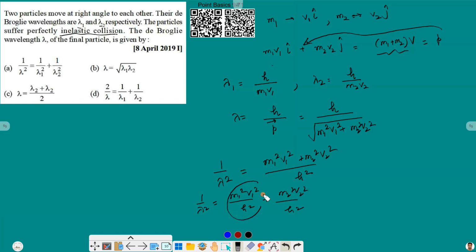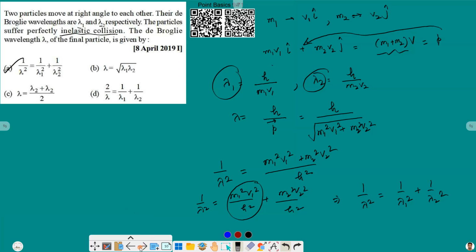This term is 1 by lambda 1 square, and the second one is 1 by lambda 2 square. So 1 by lambda square is equal to 1 by lambda 1 square plus 1 by lambda 2 square. And that is option A for us.